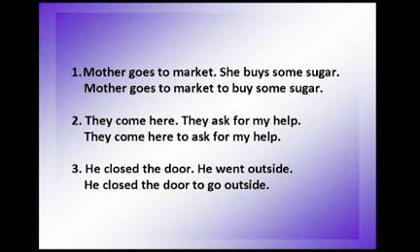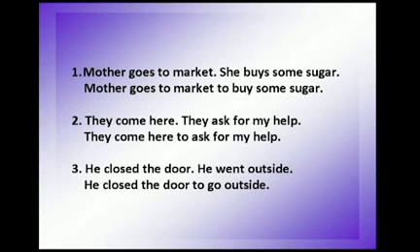Let's look at another exercise. The given question is, mother goes to market. She buys some sugar. The complete answer is, mother goes to market to buy some sugar. And then, let's look at the sentences. They came here. They asked for my help. The complete answer is, they came here to ask for my help.